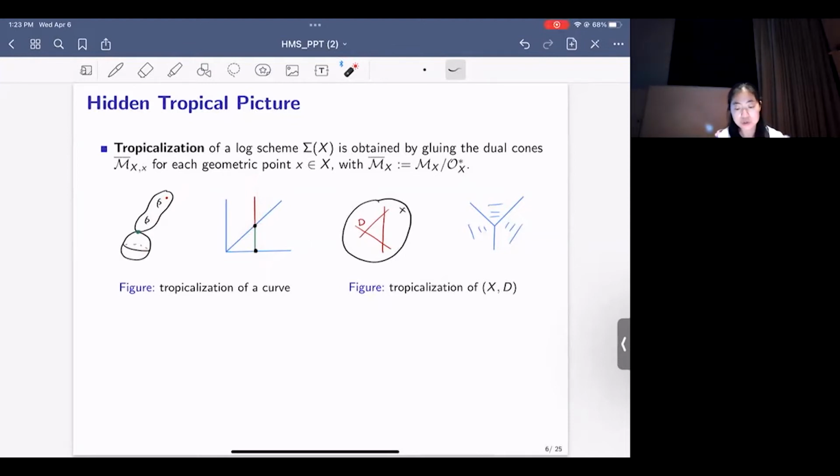In this picture, the tropicalization of the pair X and D is the cone over the dual intersection complex of this normal crossing divisor D. The dual intersection complex is a triangle, and taking the cone over that triangle, we get three two-dimensional cones glued together.